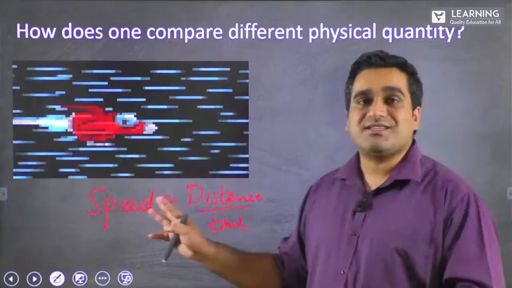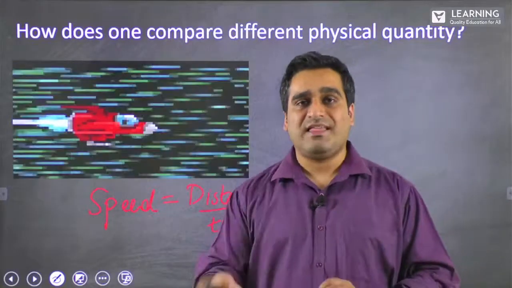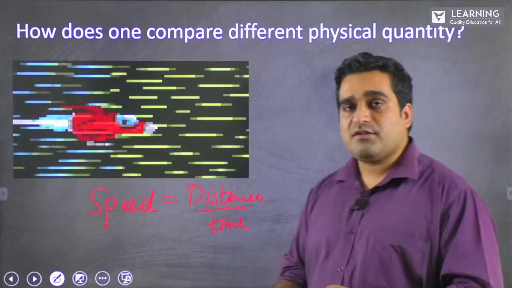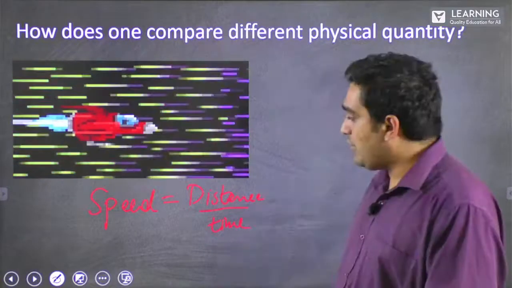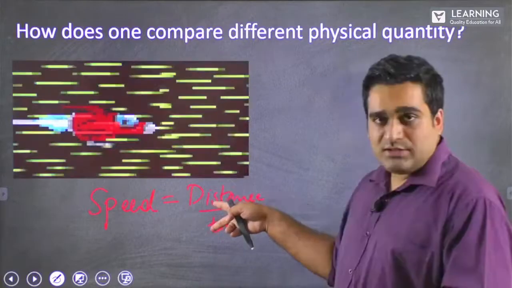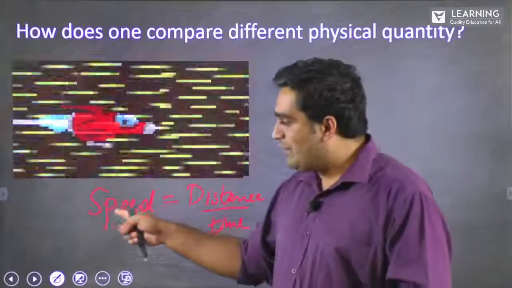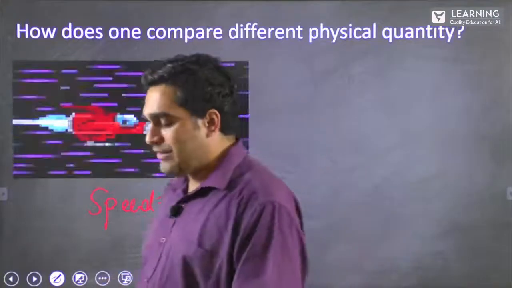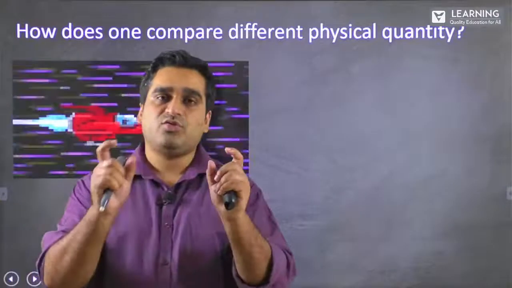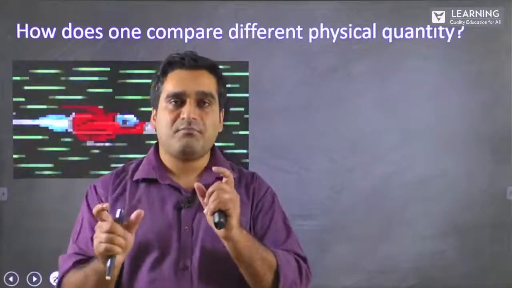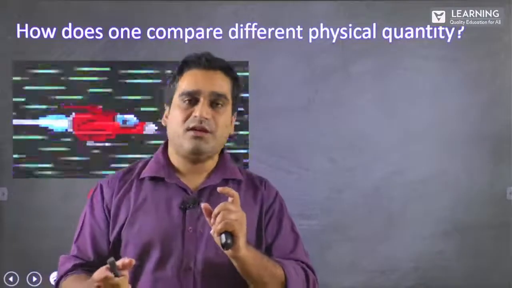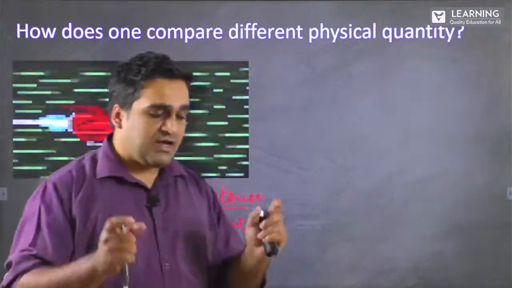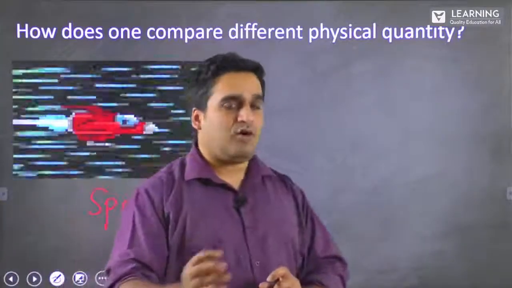Distance, as we know, is a fundamental quantity where length is involved. Time is a fundamental quantity where you have seconds, minutes, and hours. So when two fundamental quantities are put together, they give you another physical quantity which is called a derived quantity. So the distinction between the two: a fundamental quantity is the most basic quantity, and a derived quantity is where 2 or more fundamental quantities are put together under a certain operation.